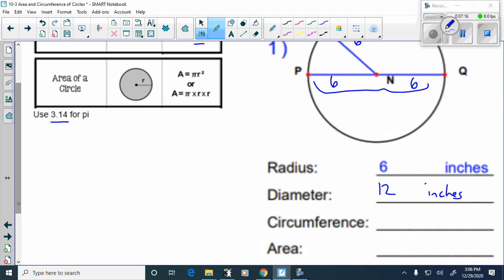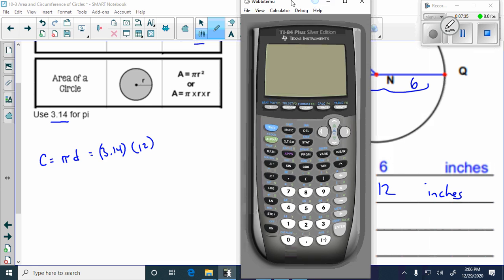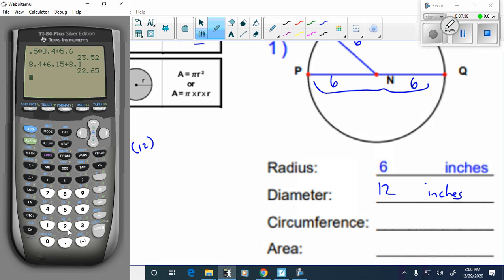So then to find the circumference is pi times the diameter, or pi times 12. Or if we're using 3.14, then it's 3.14 times 12, or 37.68. And those are in inches.